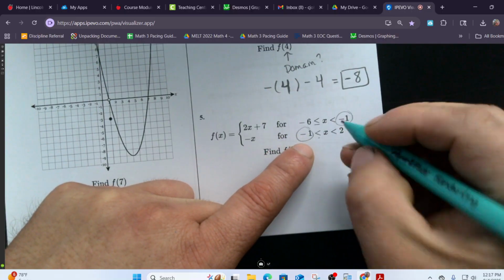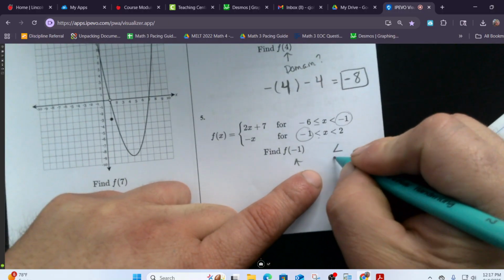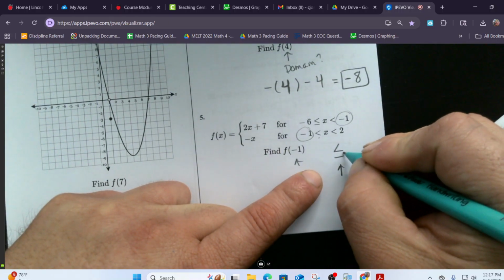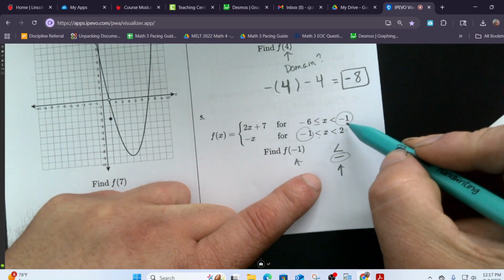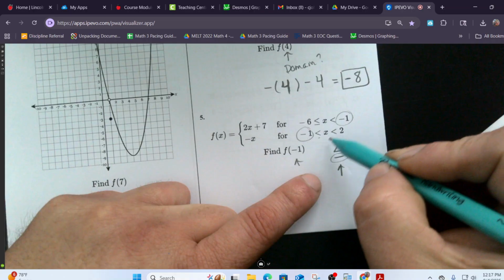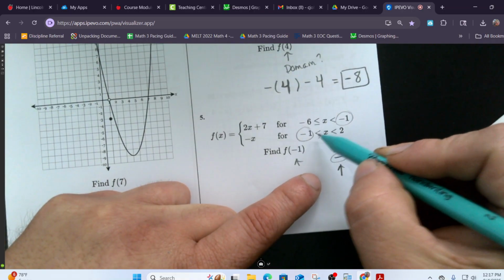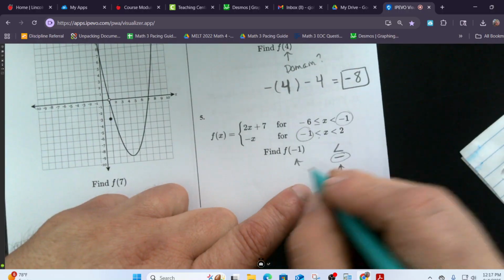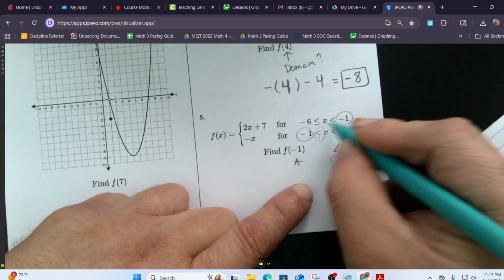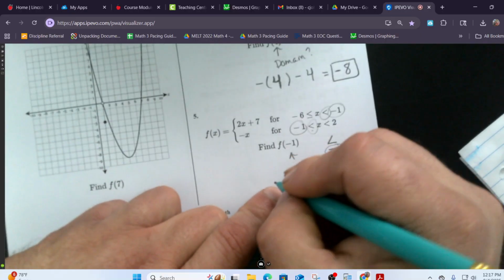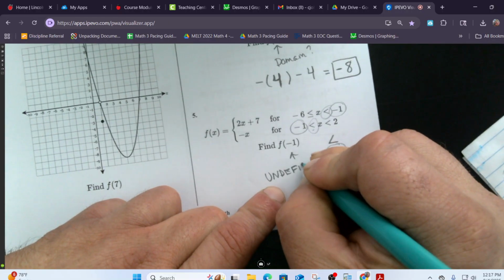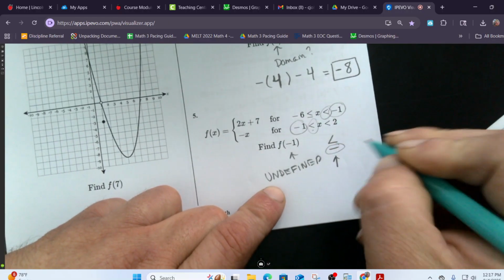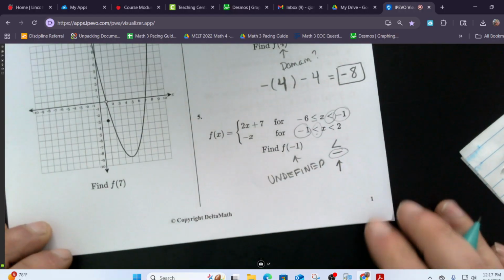If you don't see this little part here, that means that number does not fit in that domain. It's x values less than -1 or x values greater than -1 here. So that being said, since you do not have an equal sign in your inequalities, undefined. Does everybody understand why it's undefined?